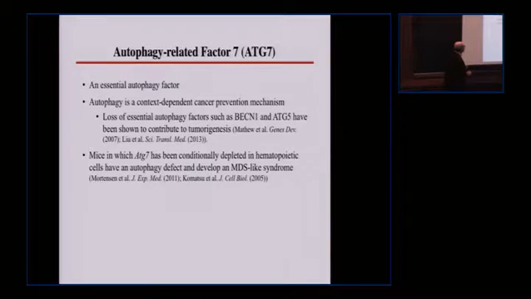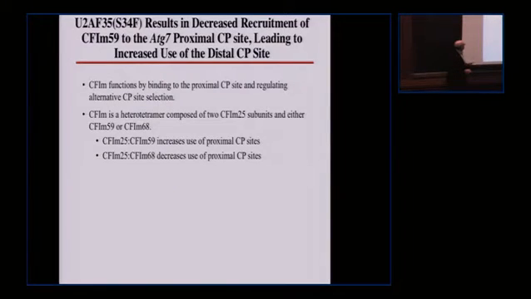So for this audience, I'm going to focus mostly on the cancer-related aspects of this study and not the RNA processing, but I just want to summarize for you. We know the precise mechanism by which this mutation leads to use of the distal ATG7 CP site, and it has to do with a complex called CFIM.